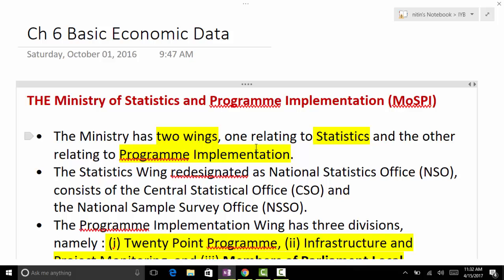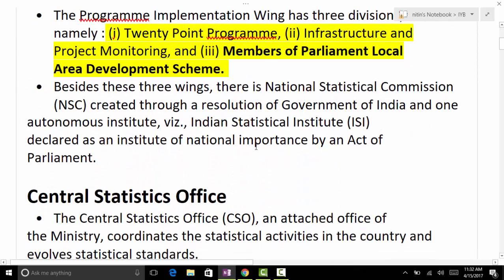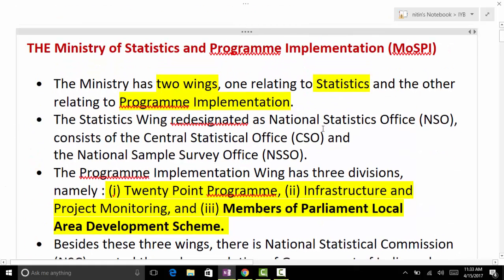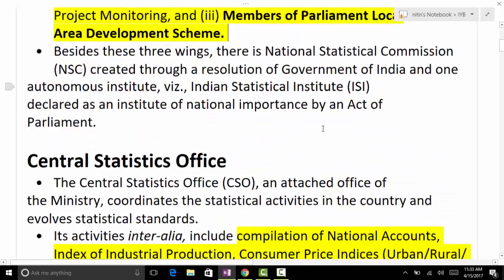It was under the Ministry of Rural Development earlier, then it was shifted to the Ministry of Statistics and Program Implementation. Two institutes are there, the National Statistics Commission and ISI, the Indian Statistical Institute. You don't need to remember much more in this, only this thing: MPLAD scheme is under this ministry, the Ministry of Statistics and Program Implementation, that's it.